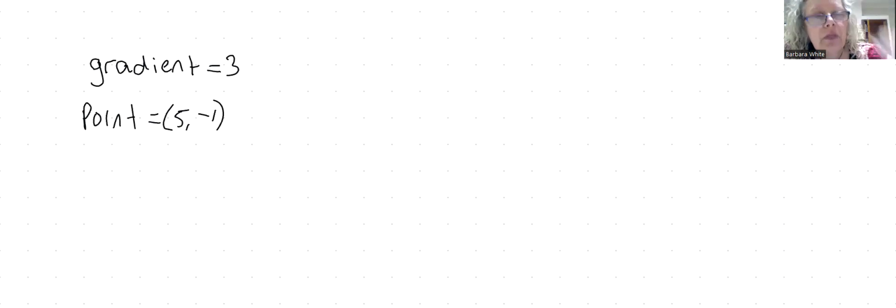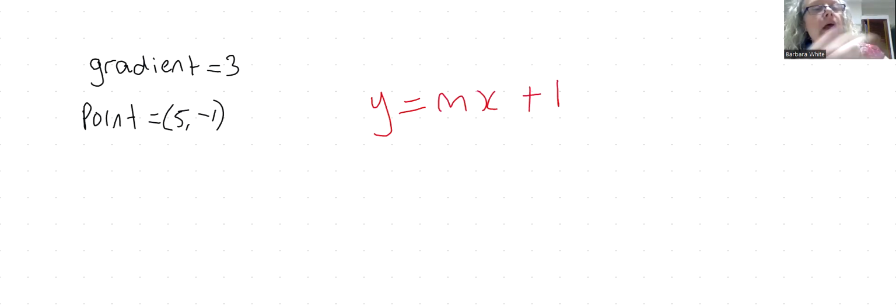So remember that the general equation for a line looks like y equals some multiple of x plus a constant, which we call b for some reason. And you know that this number here is the gradient, and this number here is the y-intercept.